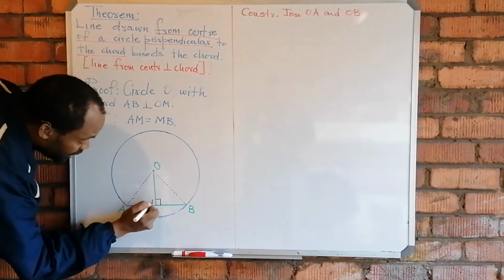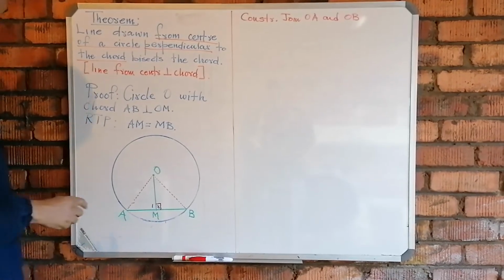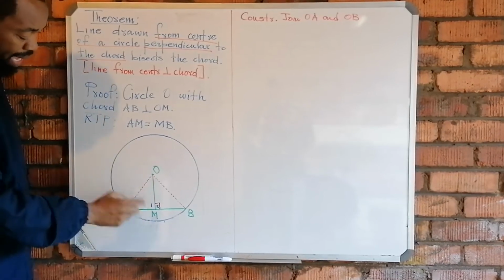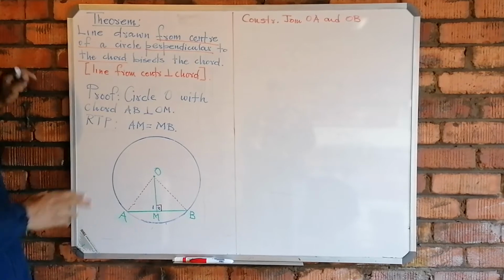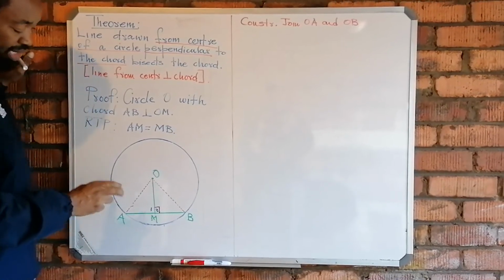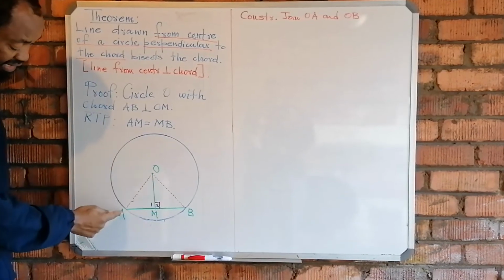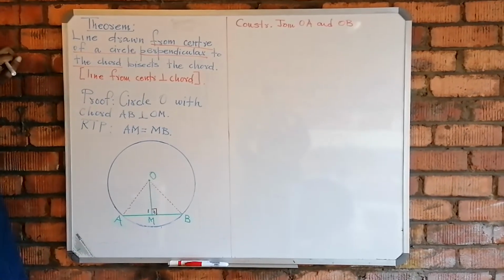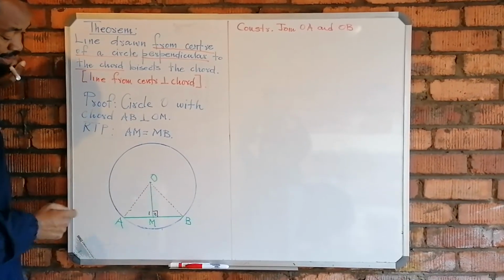Now, if I look at this diagram, I have got two triangles, triangle AOM and triangle BOM. And in these two triangles, I see this line being equal to that line because they are radii from the same point.